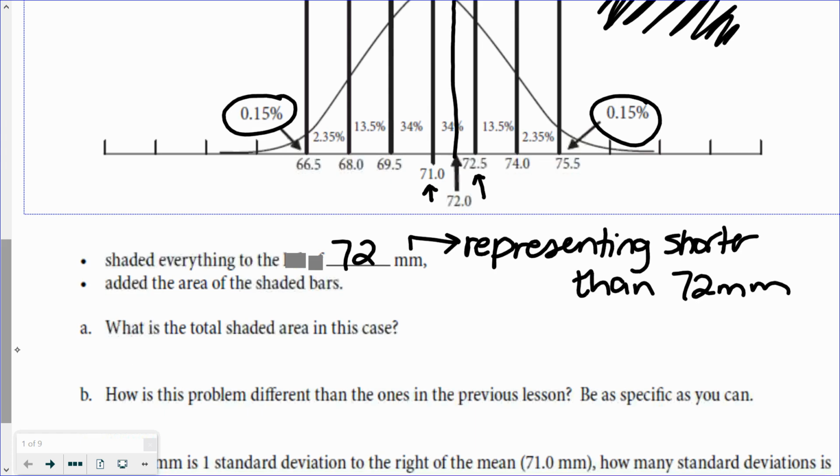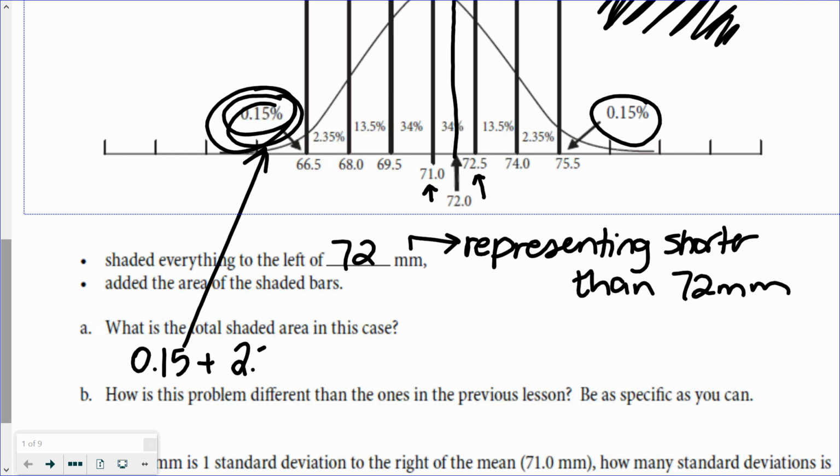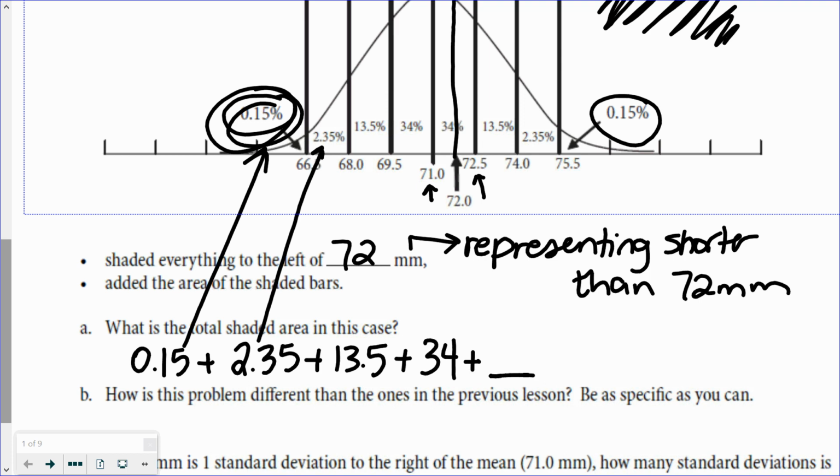So the total shaded area, so we add that far left tail, 0.15, that's this part, plus 2.35, that's this part, plus 13.5, you can see where that is, plus 34, plus whatever this would represent. So it's not 34%.